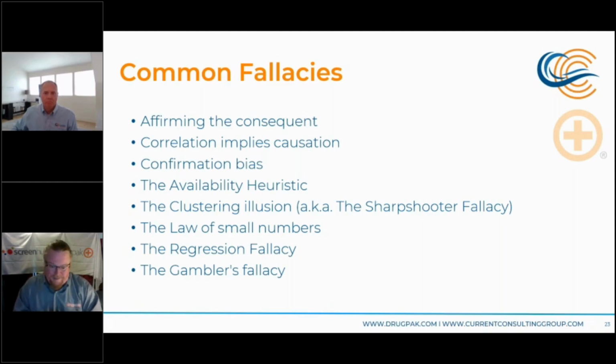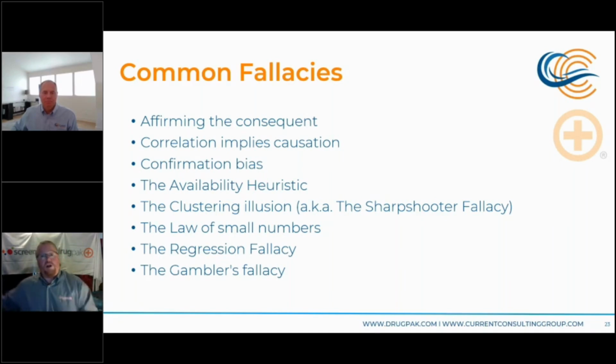And the metaphor is the gunslinger goes out to the barn, pulls out his 6-shooter, bang, bang, bang, bang, bang, bang. He pulls out 6 shots at the barn. Then he goes over to the barn and draws a bullseye around the bullets. That's the clustering illusion.